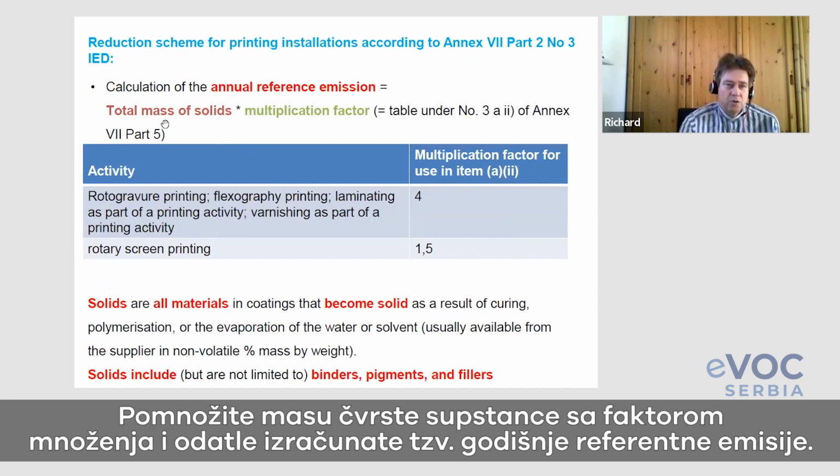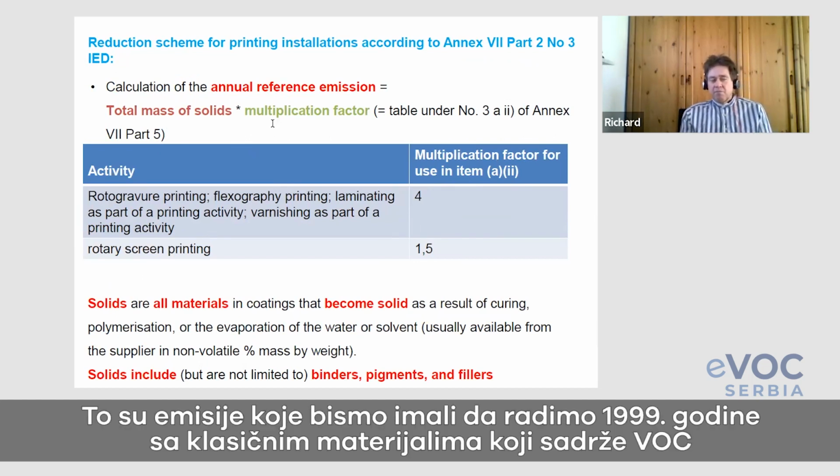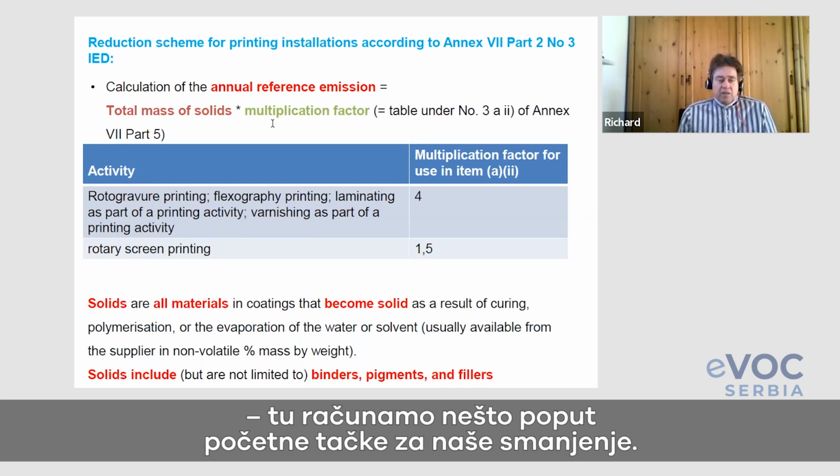You multiply the total mass with the multiplication factor, and you calculate the so-called annual reference emission. What does it mean? It is the same as if we would now work in 1999 with classic VOC-containing printing materials. So we calculate something like a starting point for our reduction work.